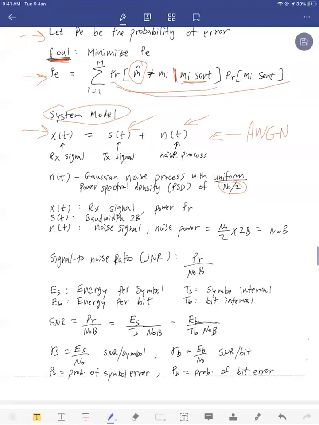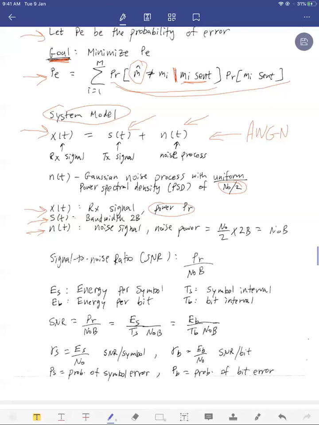Now for my signal, I'm going to assume that the received power is PR. X of t is my receive signal, sorry, not my transmit signal. I'm going to assume that my transmit signal s of t has bandwidth 2B, so my receiver is going to filter.